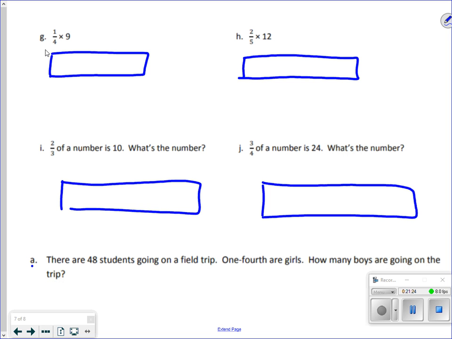Now, I've had some people, when we did these problems last year, and we had questions about people taking lunch boxes and lunches and how many adults are on the bus, telling me that if there were 48, their answers ended up being like 62. If there are only 48 people going, can your answer be larger than 48?